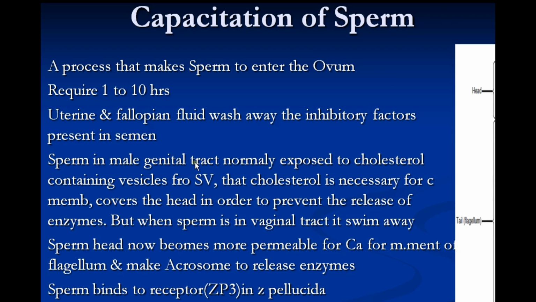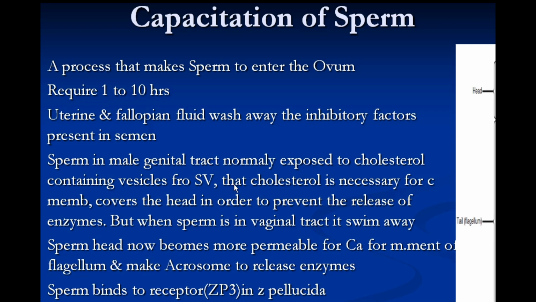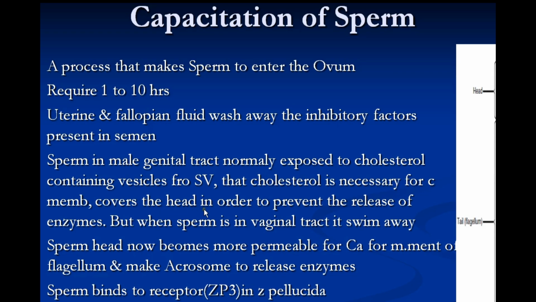Sperm in the male genital tract are normally exposed to the cholesterol-containing vesicles from the seminal vesicle. That cholesterol is necessary for the cell membrane which covers the head, in order to prevent the release of the enzyme.